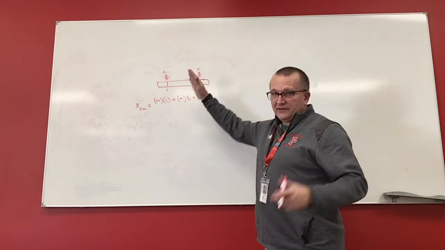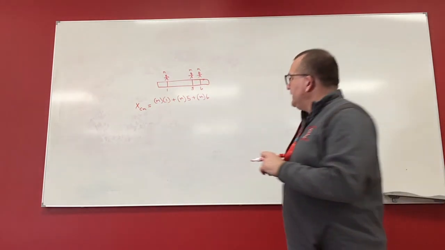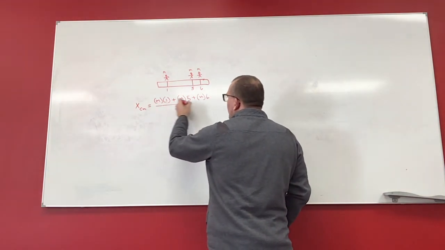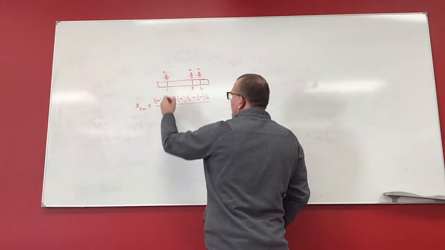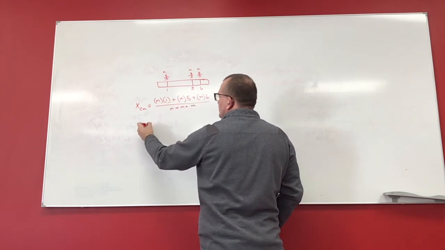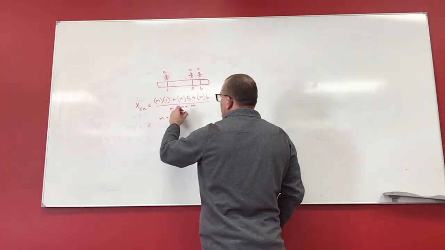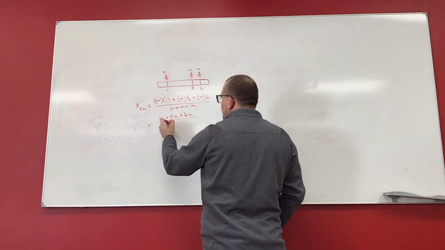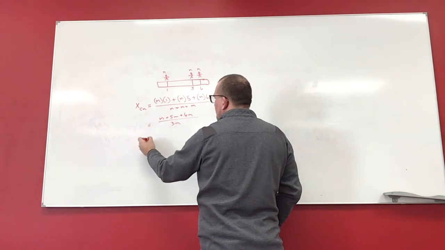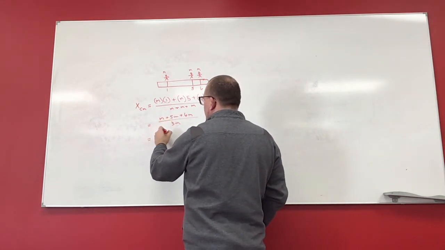So I just take the mass of each individual times the distance from the end, and I will divide them by all the masses added together. So m plus m plus m. So I get m plus 5m plus 6m all over 3m. m plus 5m plus 6m is 12m divided by 3m.